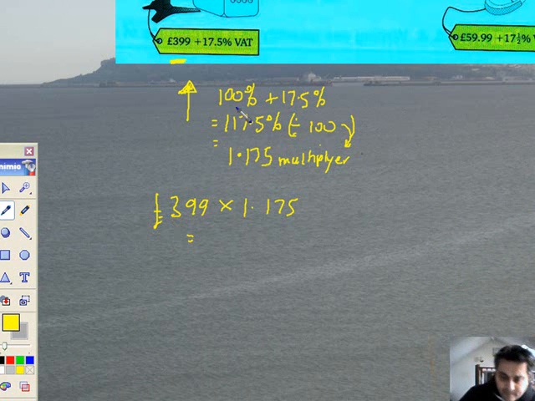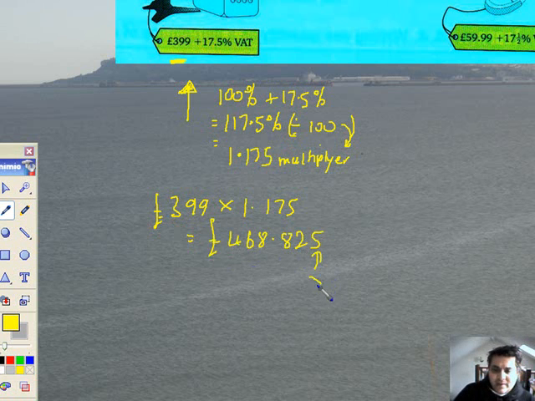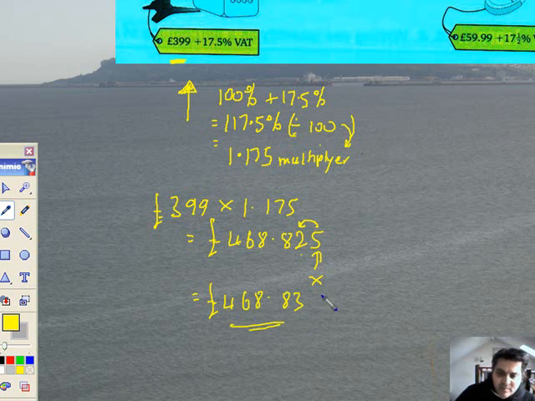I'm going to be paying £468.825. Now remember, we can't have that little bit there, not good. So to the nearest penny, that 5 will push the 2 up to the next whole penny. So we're actually looking at £468.83.